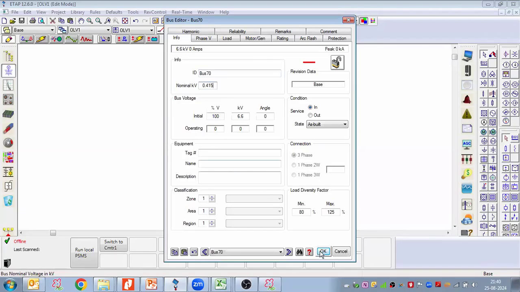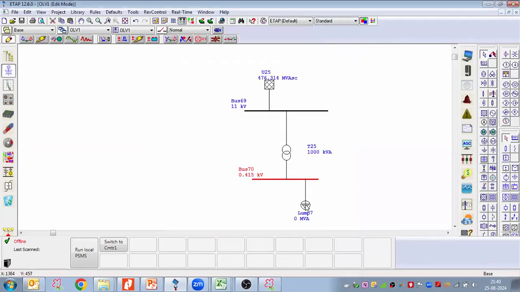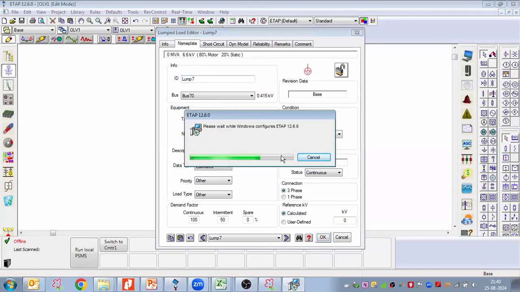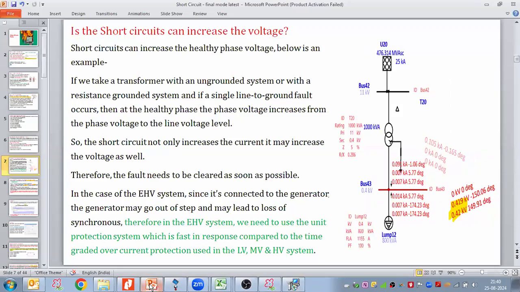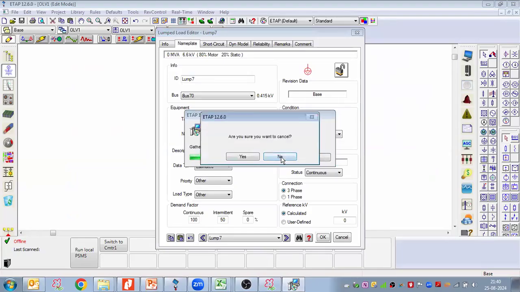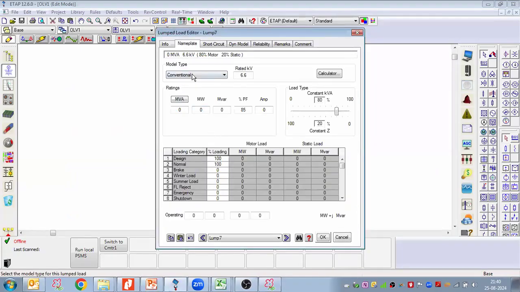And this is the bus that we are taking, the 0.415 kV bus rating, and here we are taking some load. So we have taken a 1000 kVA transformer, so we are taking 80% loading.